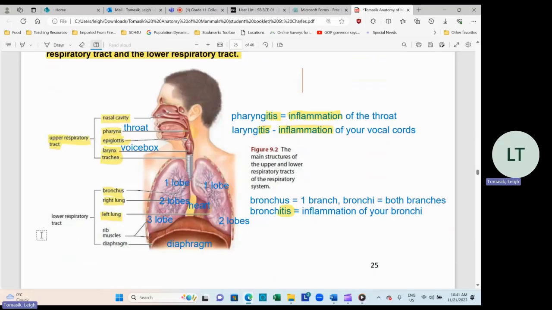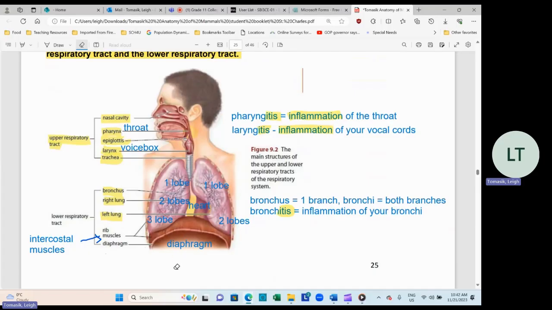And then we have our rib muscles. The rib muscles are also called your intercostal muscles, right? That's another word for them. And your rib muscles and your diaphragm work together to help you breathe. So both the intercostal muscles or rib muscles and your diaphragm will move so that your lungs can expand.